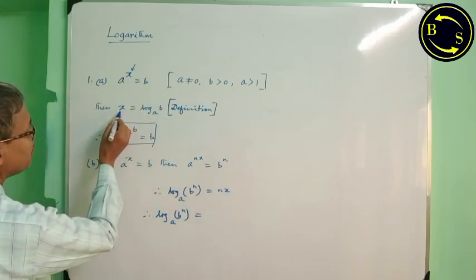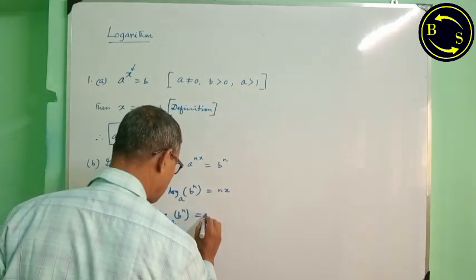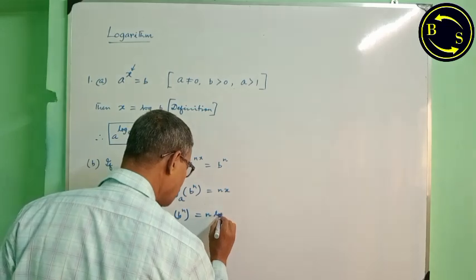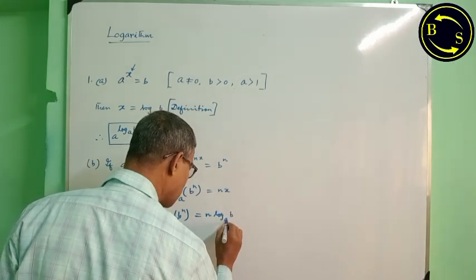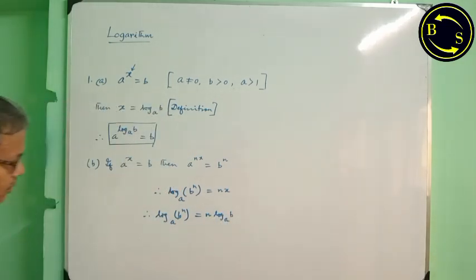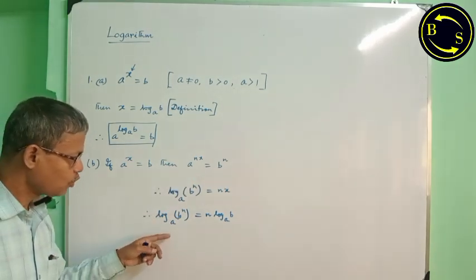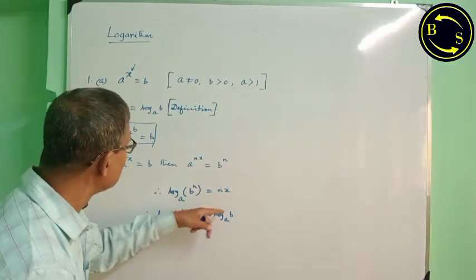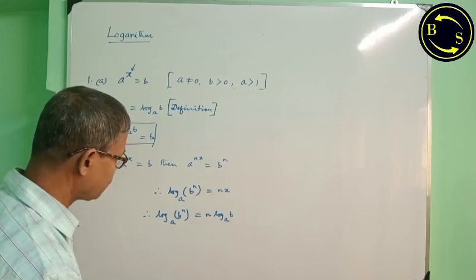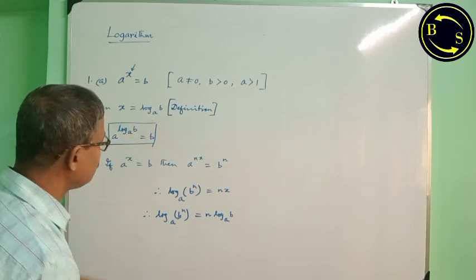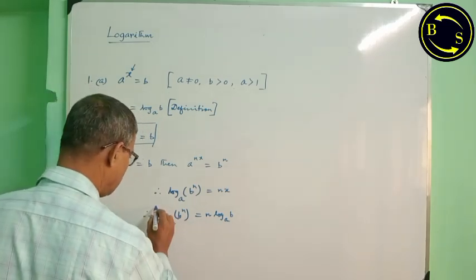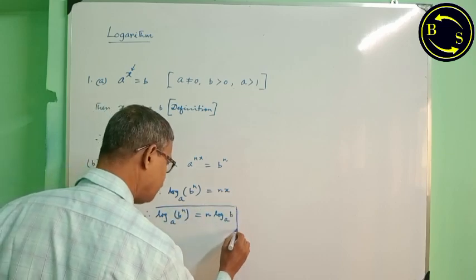Already we have got x, this one. Therefore, n log of b to the base a. Log of b to the power n to the base a will be equal to nx. Now substituting x by this one, we get this one. This is the next formula.